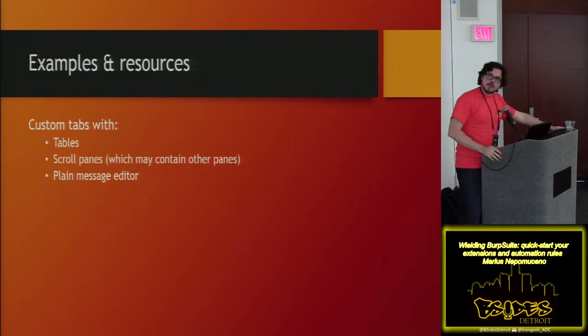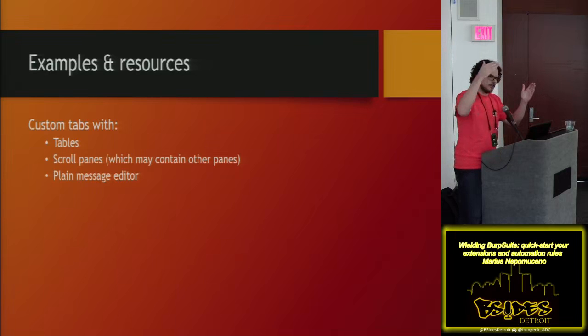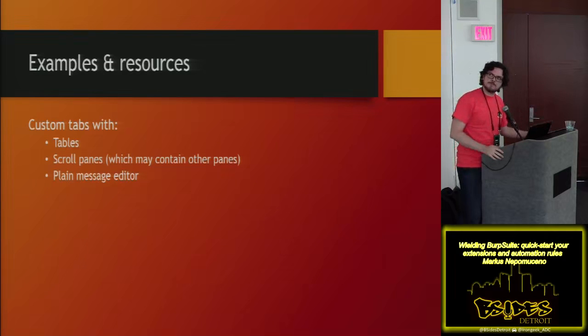So some examples of what you can do with extensions. Obviously, I've been talking about it this whole time. Custom tabs. Within those tabs, you can use Java elements to create tables. And you have nice rows and columns and resizing and all that jazz. You can have scroll panes. So if your table gets super long, you can actually scroll down to see the data. You can have a plain message editor.